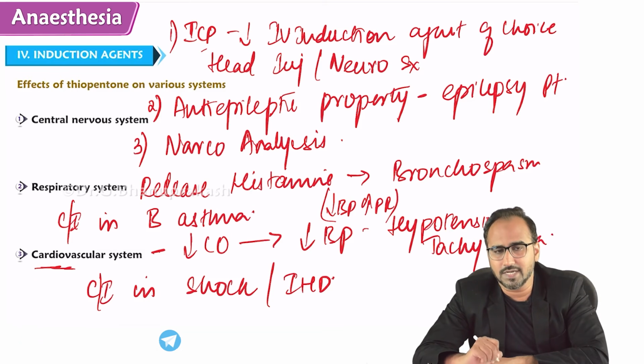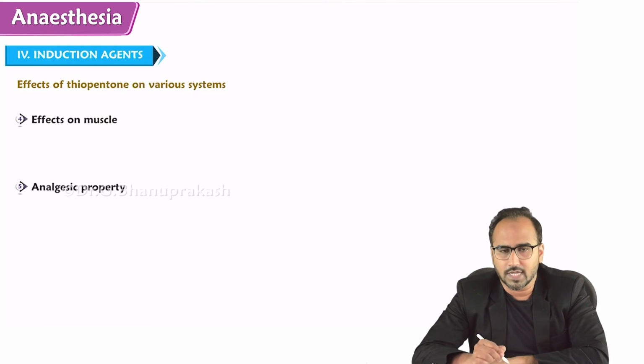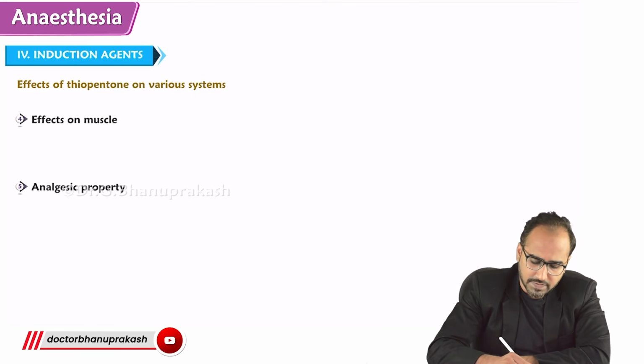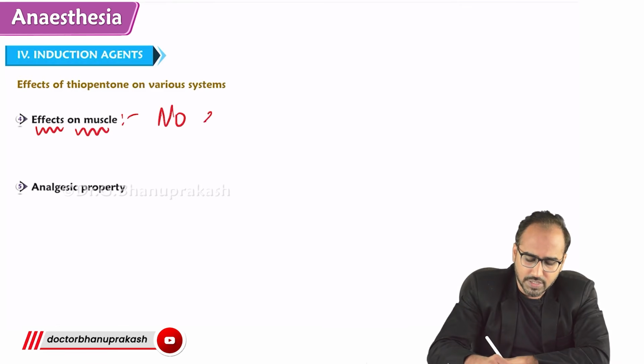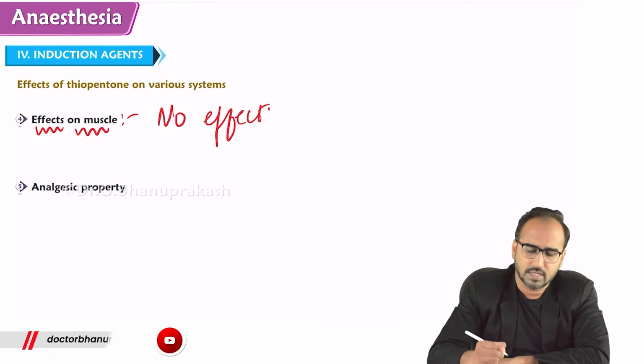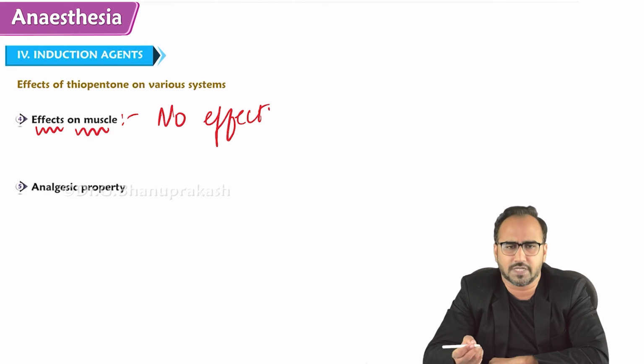So CNS is done, respiratory is done, cardiovascular is done. Coming to the next system, the effect of sodium thiopentone on muscle: there is no effect. Even though it's an enemy, it has no effect, neither negative nor positive.